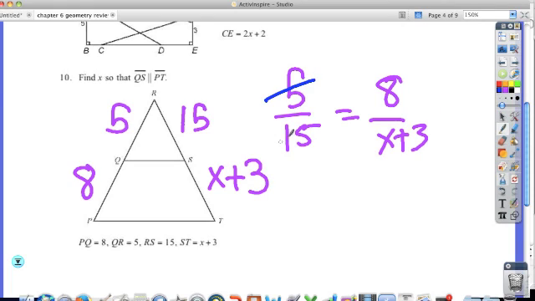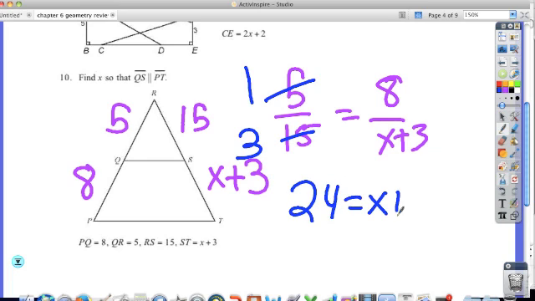Then 3 times 8 is 24, which equals x plus 3. Subtract 3 from both sides and you get x equals 21. That is the value you need to make the triangles proportional, which is what makes the lines parallel.